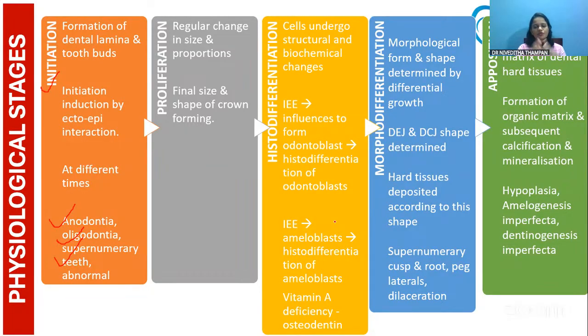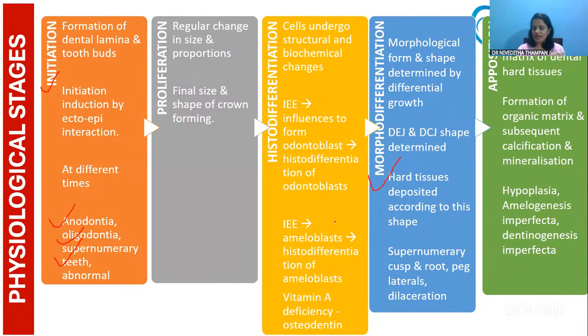Morphodifferentiation means the morphology of the teeth can be changed. So supernumerary cusp or root, peg laterals and dilaceration can all be seen because of some kind of trauma or changes happening in this morphodifferentiation stage. Apposition is the final stage where the dental tissues, mainly the enamel and dentine, are getting calcified.